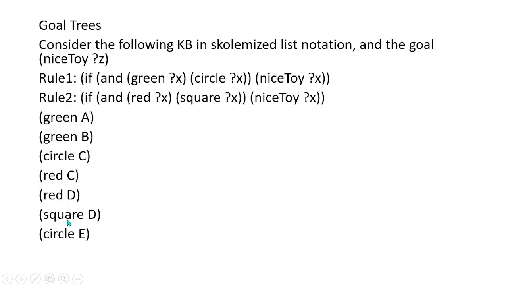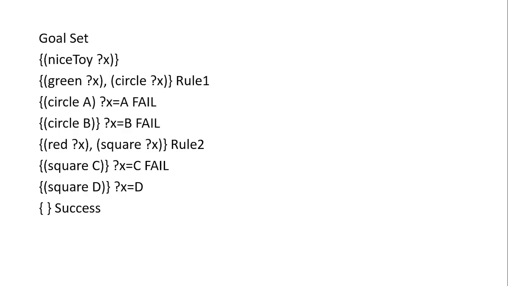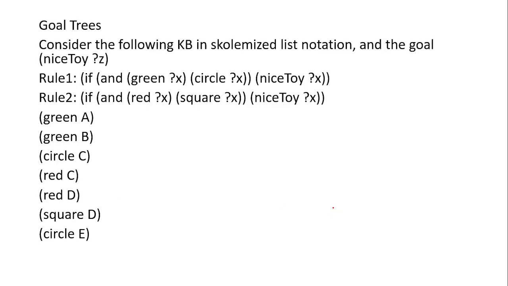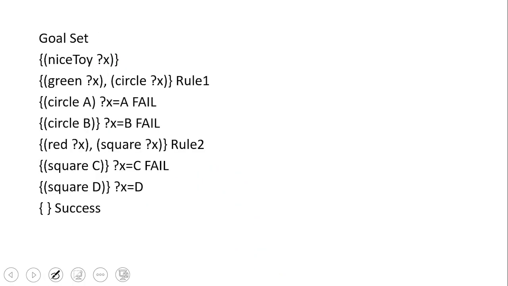First, we'll write the goal tree. If you want to write the goal tree, first what we're having is the goal. The goal is nice toy of jet. How can we get that?